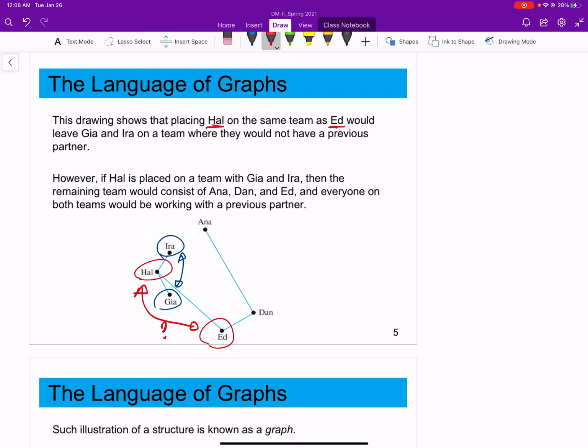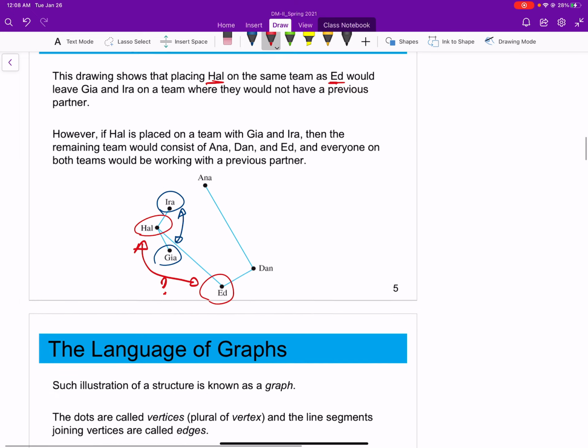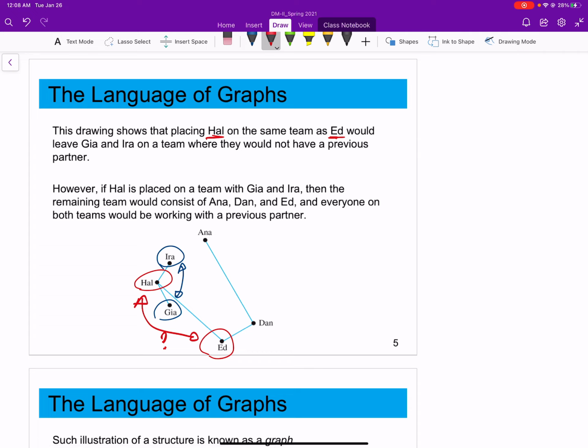All right, so what I would do, give me a second. I will put Hi with Gia and Ira. Okay, so that means these three, I take these three people into one group. Okay, so that is the second group. If I take these three people into one group, so these three people make the third group.